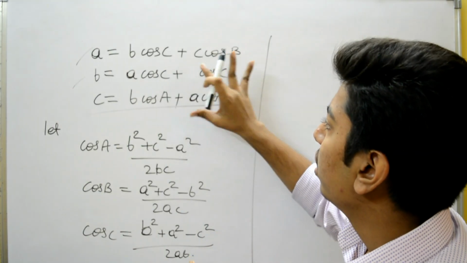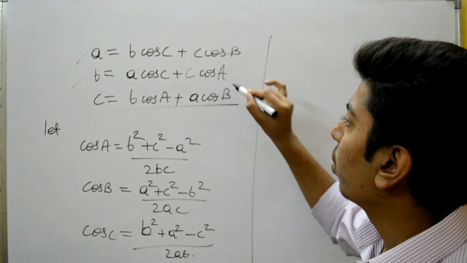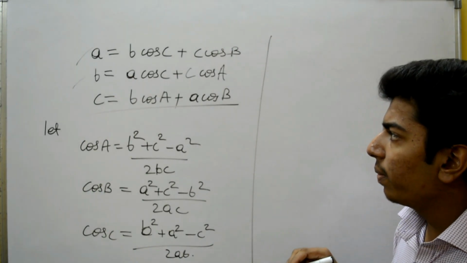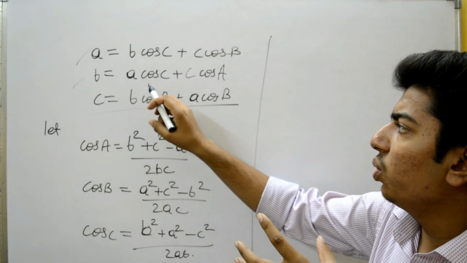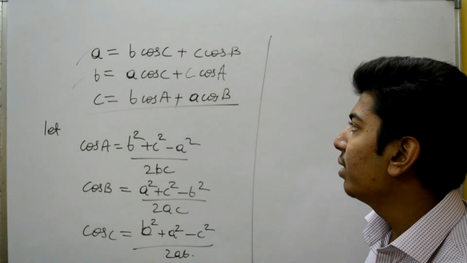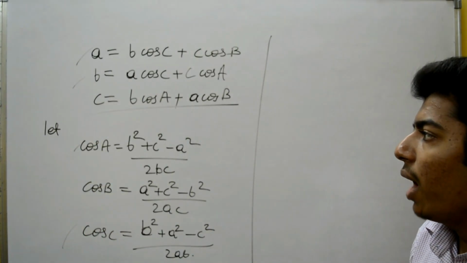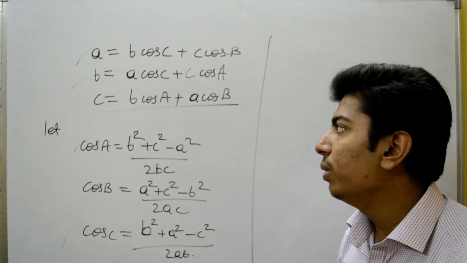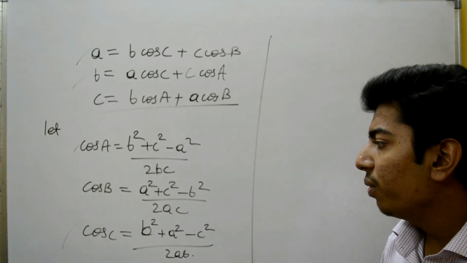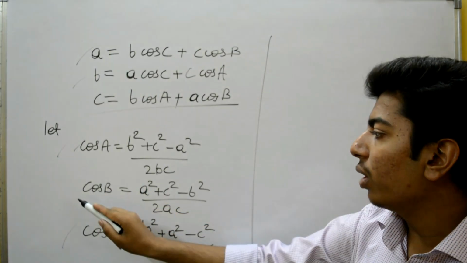This is C, here it is A. If we have to prove that B is equal to A cos C plus C cos A, then we have to consider cos C and cos A. If we have to prove C is equal to B cos A plus A cos B, then we have to consider cos A and cos B.